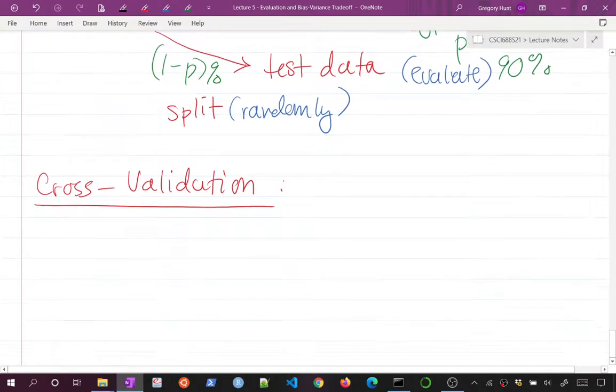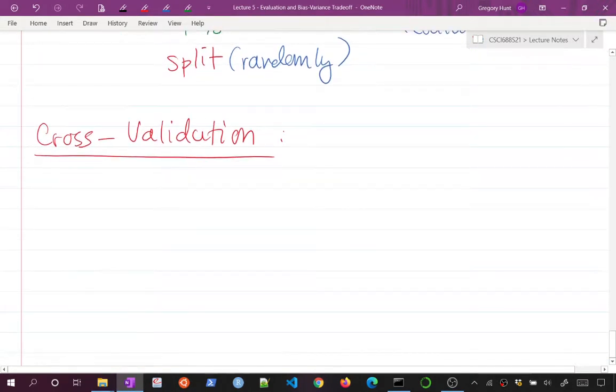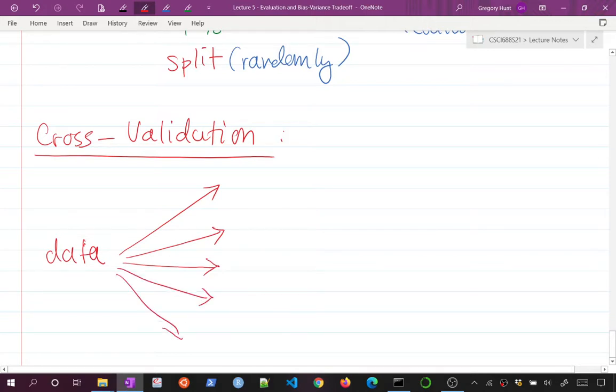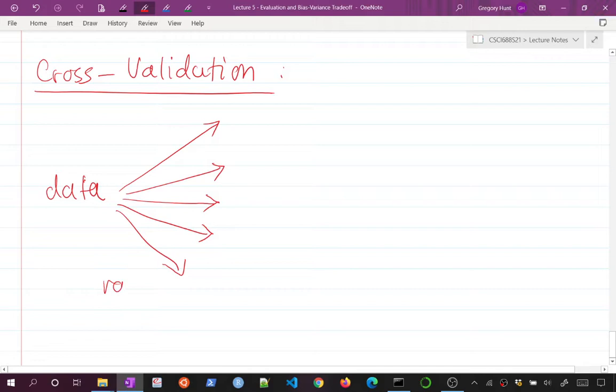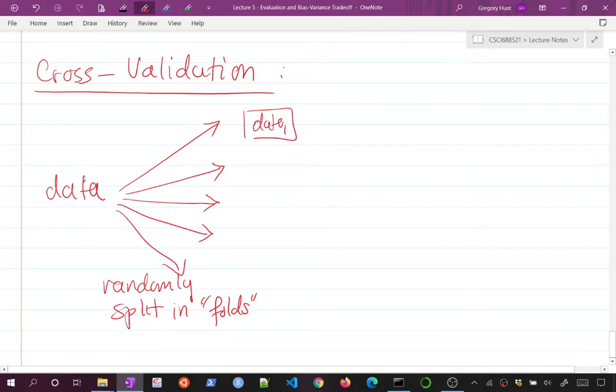In cross-validation, what we're going to do instead is take our data and split it, let's say randomly, into some number of sub-data sets, called folds. Data 1, data 2, etc.